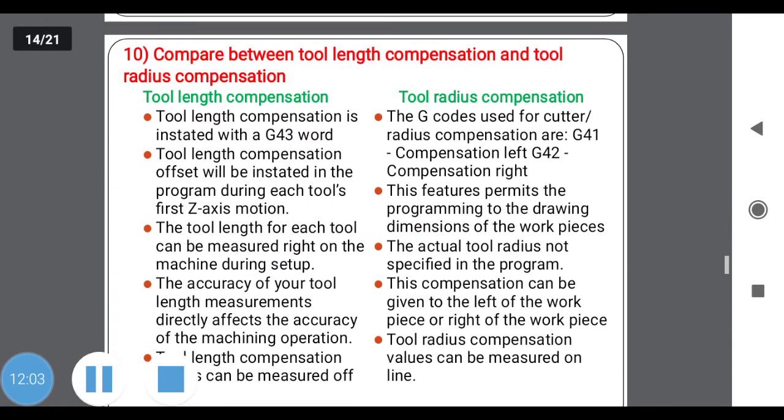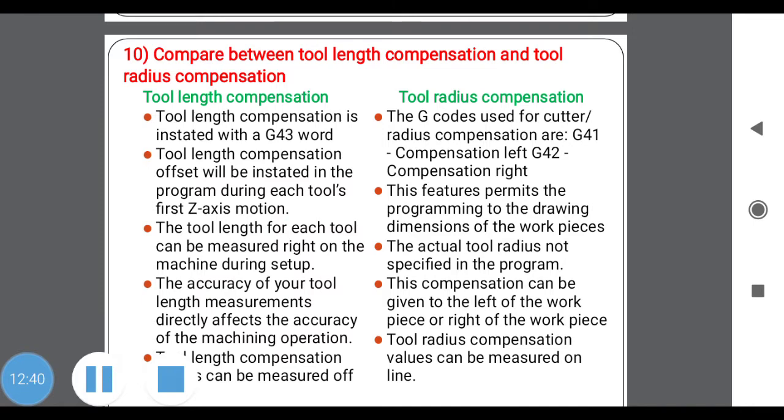Next one, compare the tool length compensation and tool radius compensation. What is the difference between these two? Here, tool length compensation is done with the G43 word, but tool radius compensation is the G41. Next point, the tool length compensation offset will be instated in the program during each tool's z-axis motion, but it is not so in radius compensation. Here the dimension of the workpiece is set in the future of the program. Before the program you need to give the radius compensation.